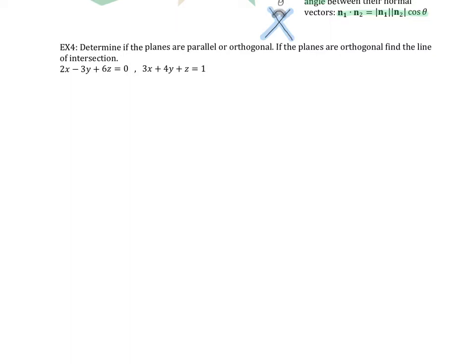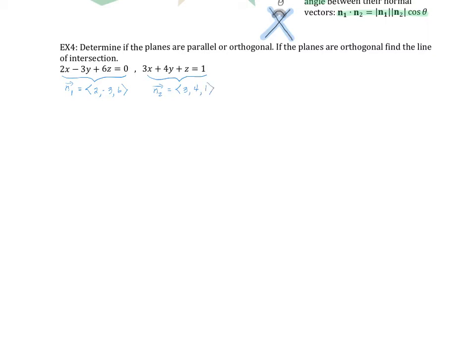So if I look at this first plane, I'll call this normal vector n sub 1. Remember, it's just the coefficients of the x, y, and z, so that's going to be 2, negative 3, positive 6. Looking at this second plane, and I'll call this normal vector n sub 2, it's going to be 3, comma 4, comma 1.